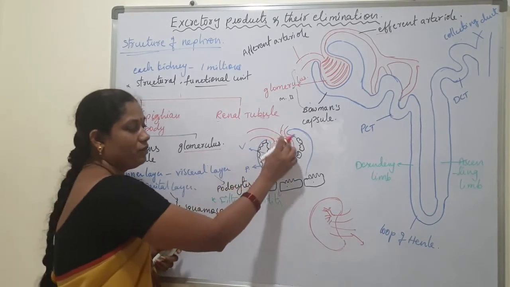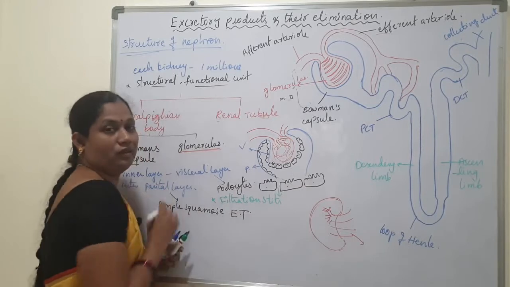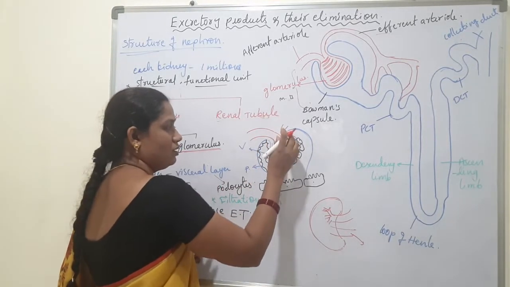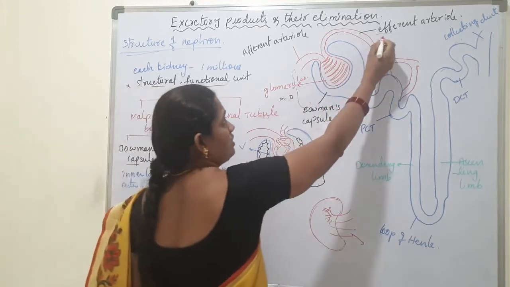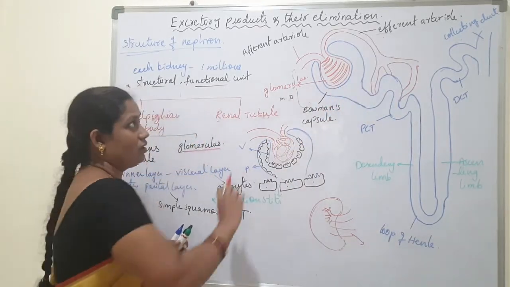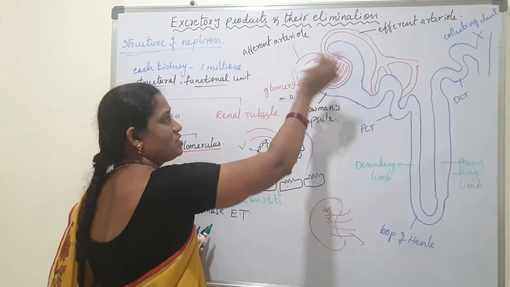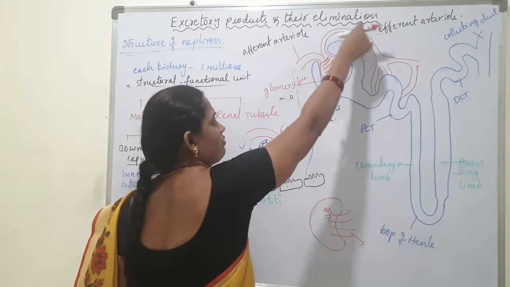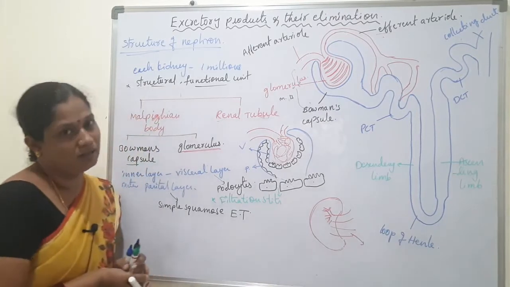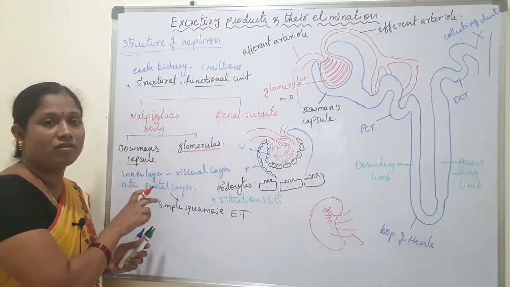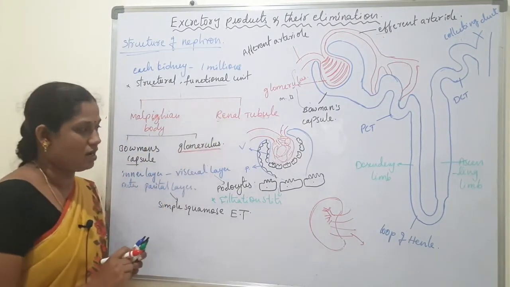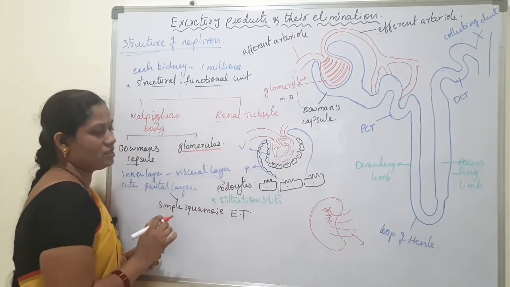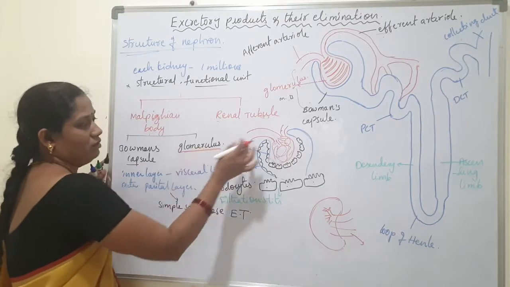These capillaries rejoin to form the efferent arteriole. These capillaries are called the glomerulus. From the glomerulus, the blood passes away through the efferent arteriole.